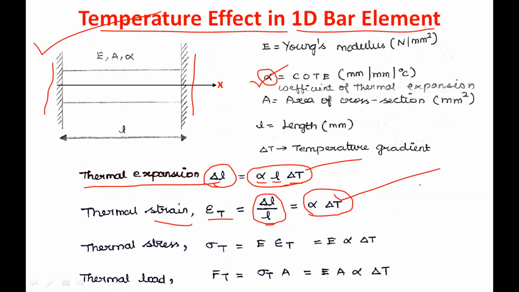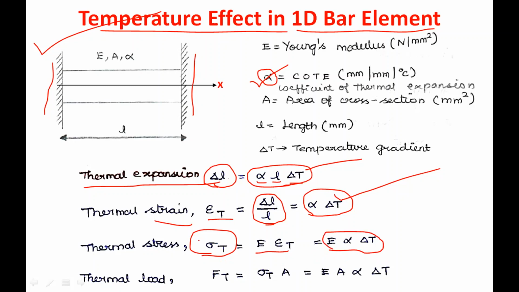You have to remember this expression, the product of alpha and del T, that is the coefficient of thermal expansion and the temperature rise or temperature change. Once you know epsilon T, by using Hooke's law, we can find the thermal stress, which is the product of Young's modulus and the thermal strain epsilon T. So E alpha del T is the thermal stress.